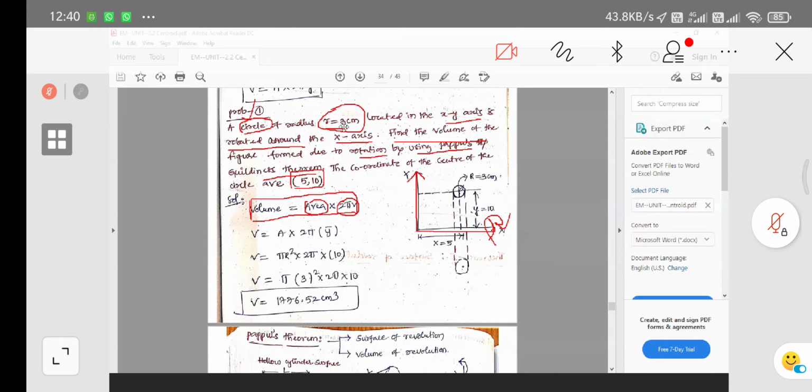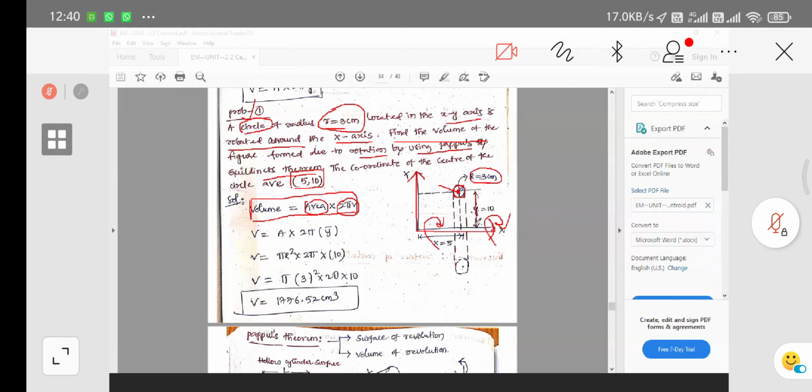So r is equal to 3 centimeters. First of all, I have taken the circle, the circular area which is going to be revolved about the x axis. The circle has a radius of 3 centimeters. This is the center point of the circle. And what distance does the centroid make?